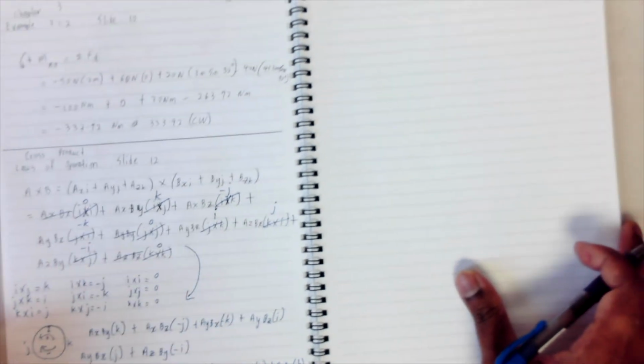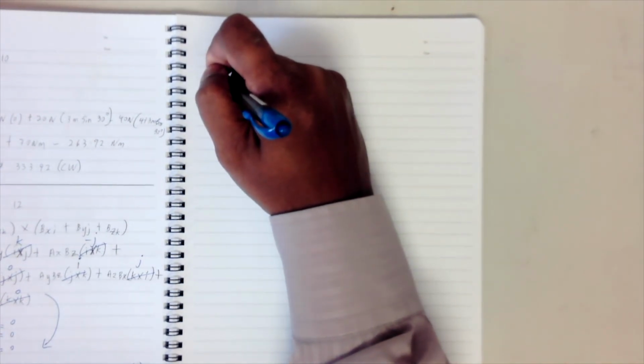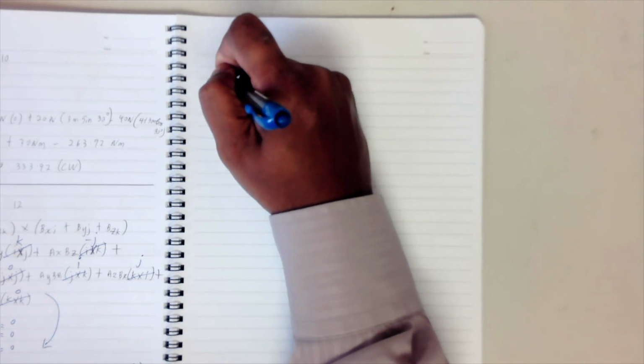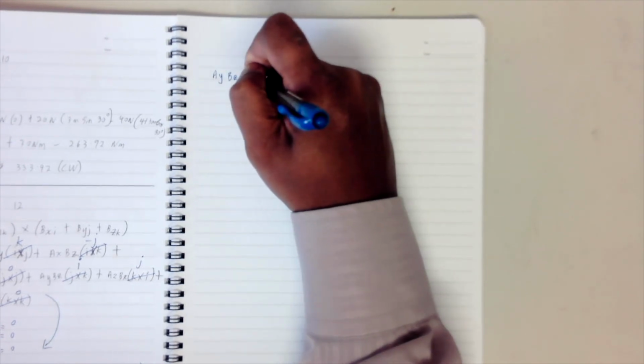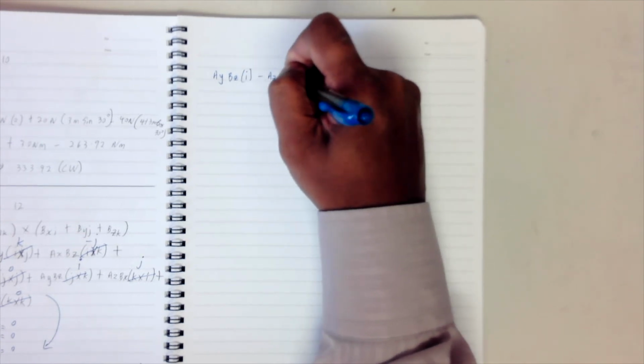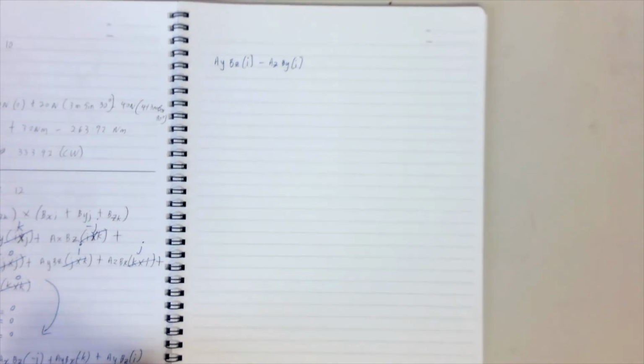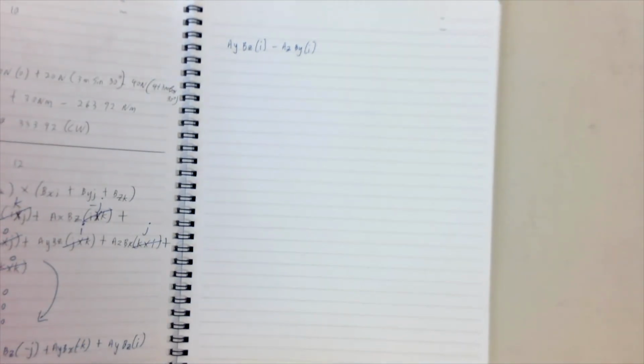So we take this to here. ay bz i minus az by i, because the negative here we already changed to positive.